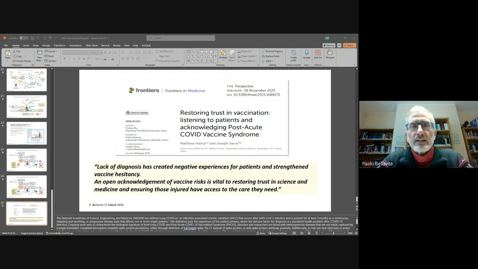They are also trying to find some drugs that can help these patients.